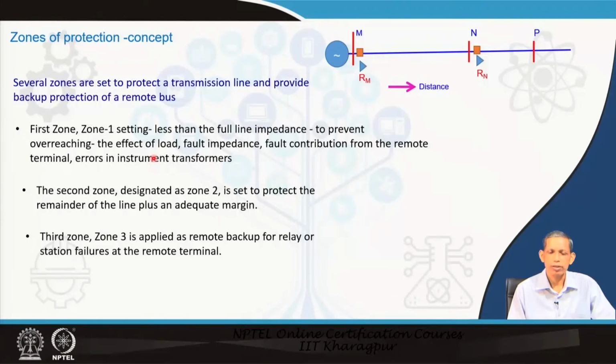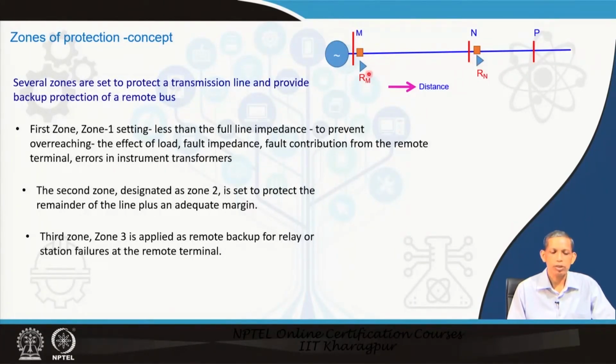Accounting for all these errors and uncertainties, we say that we will not allow the relay in zone 1, which is instantaneous, to take a trip decision for the full length of the line. Because if we allow that, and the fault happens to be beyond the line, this relay may take a decision which is not desirable, because load here and load here may not be served in that situation.